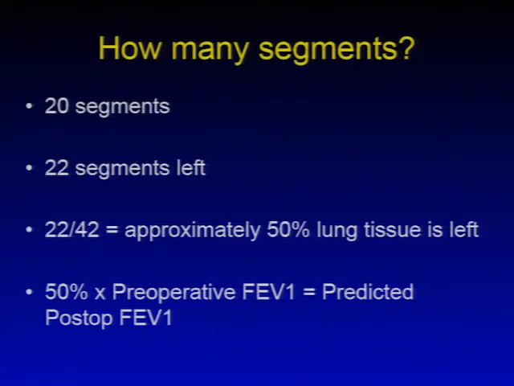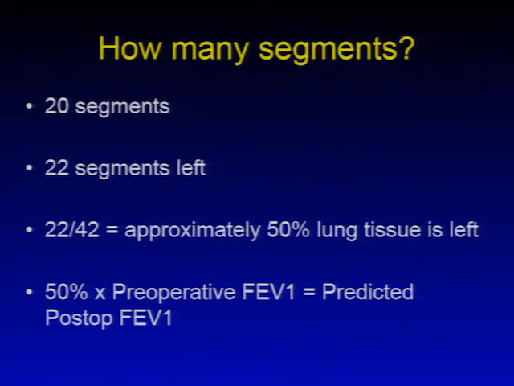That means that 22 segments are left. 22 divided by 42 is approximately 50% lung tissue. 50% FEV1, which is the postoperative predicted, 50% times the preoperative FEV1, which was 100%, is equal to the predicted postoperative FEV1.